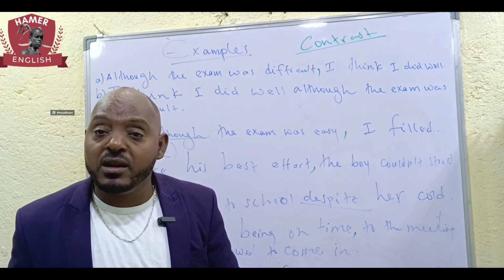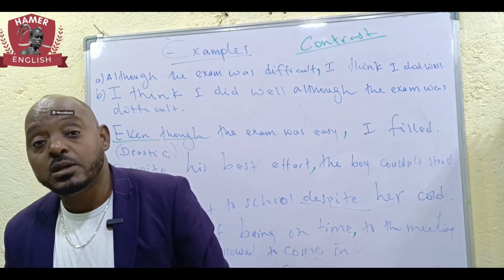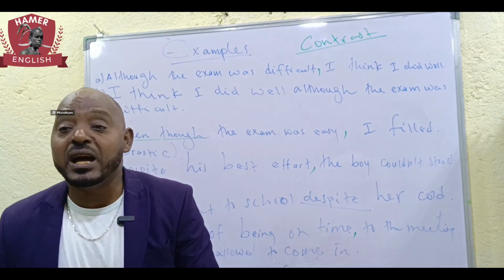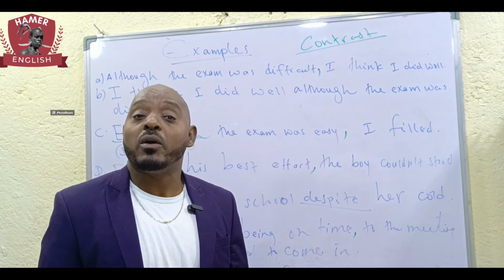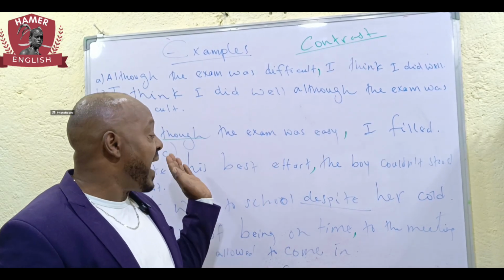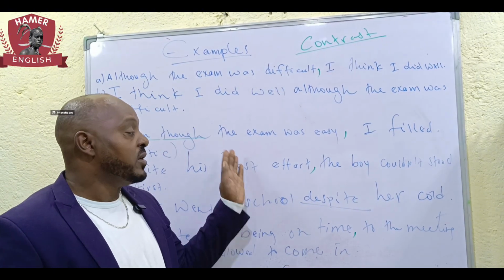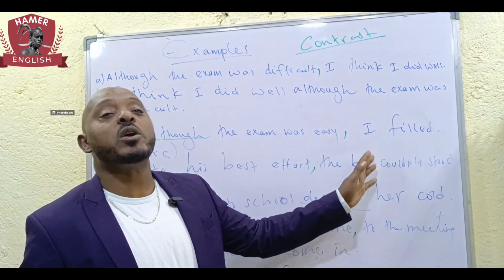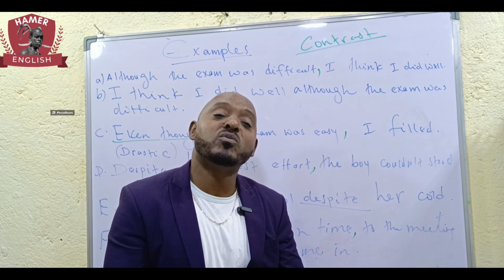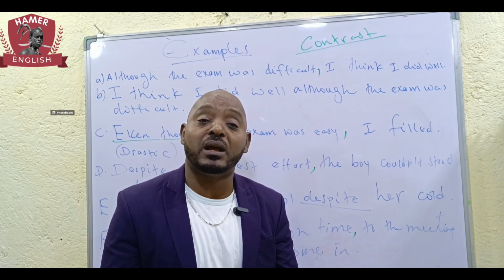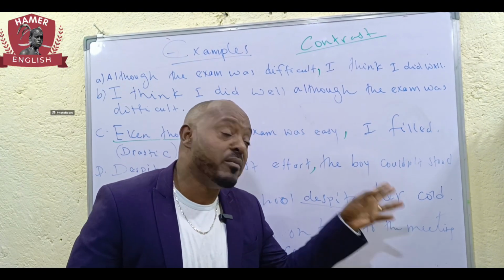He tried again and again, he studied hard, he went to the library. So how can we say that? Despite his best efforts, or in spite of his best effort, the boy couldn't come first.